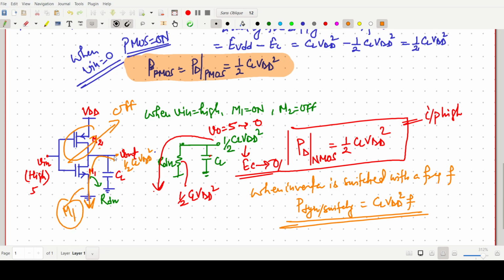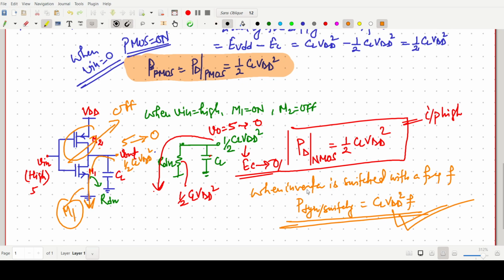Initially the output is 5, but after a certain time it goes to 0. So this total energy will be dissipated across the transistor M1. So the total power dissipation in a cycle will be CL VDD square, and if it is switched with the frequency F, the total power dissipation will be CL VDD square F.